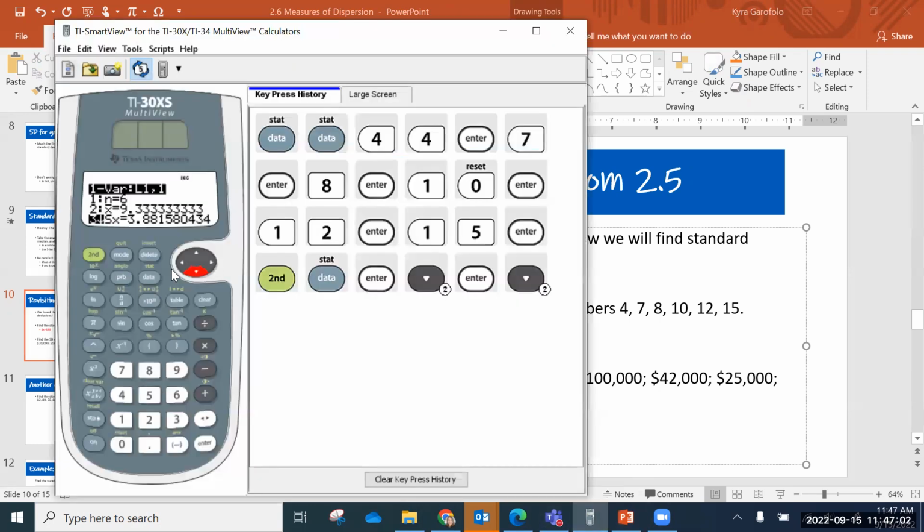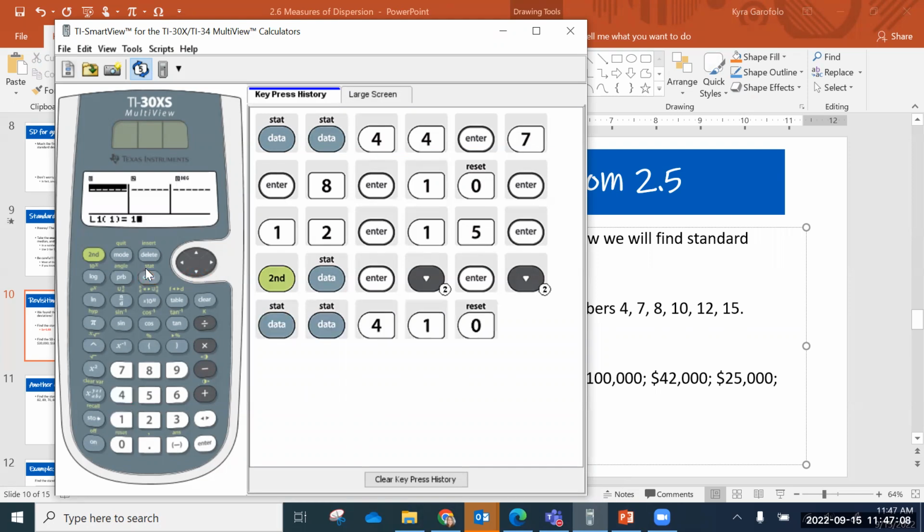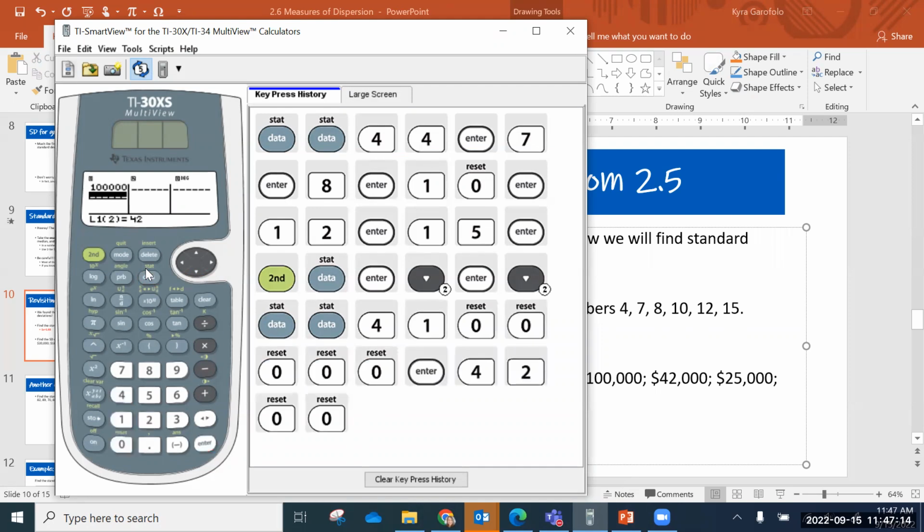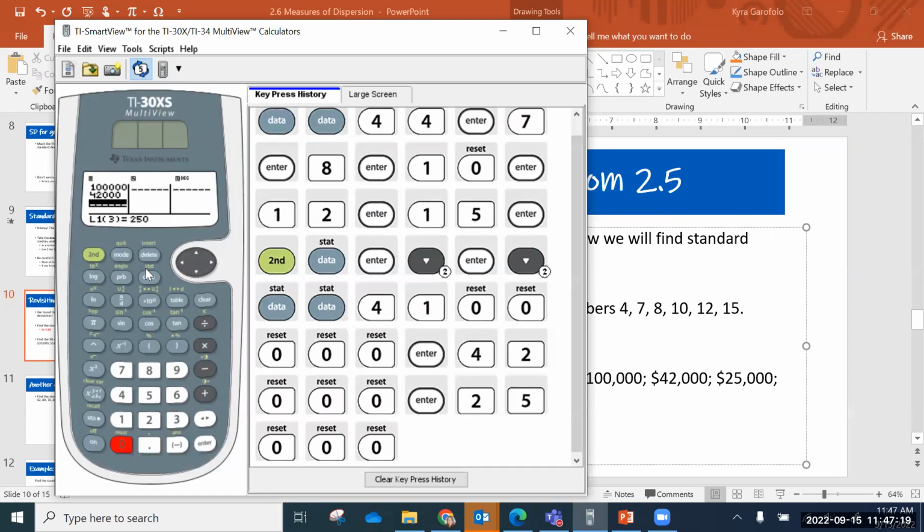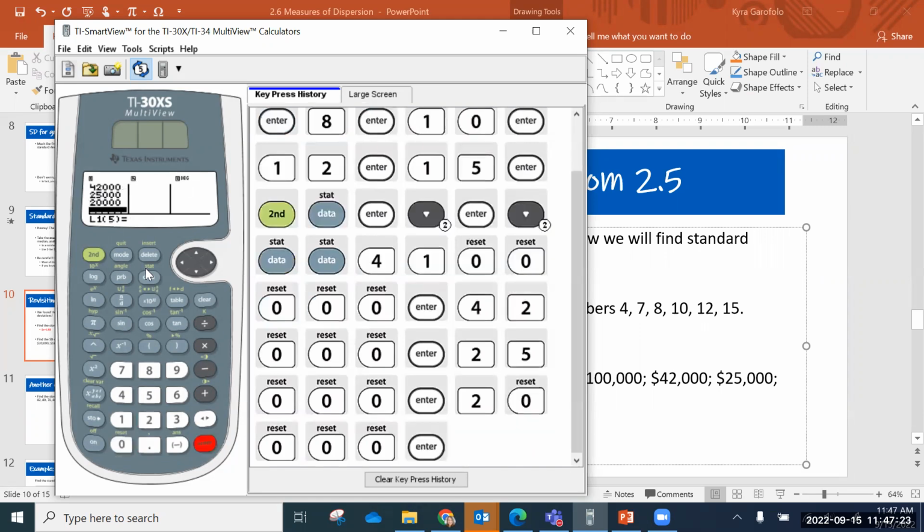If we want to find it for these incomes, we're going to press data twice again and clear it. And we're going to enter 100,000, 42,000, 25,000, 20,000, and 18,000.